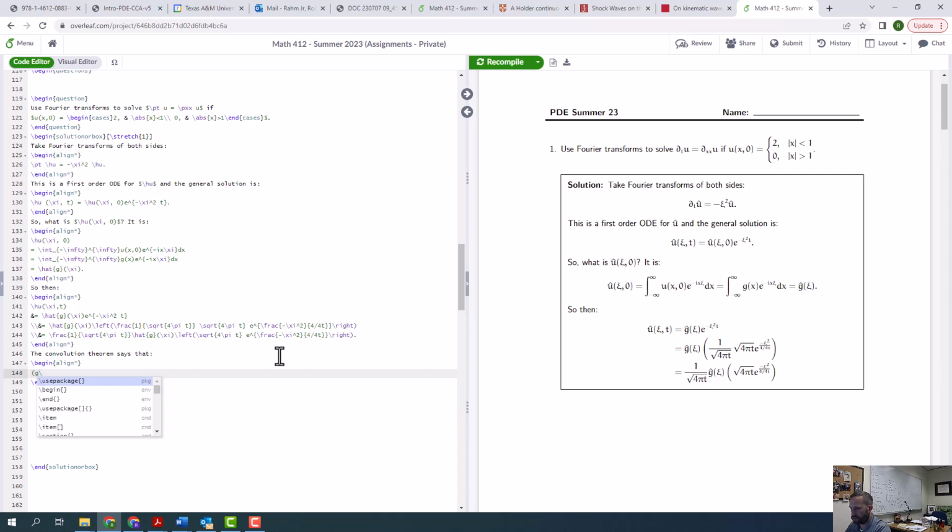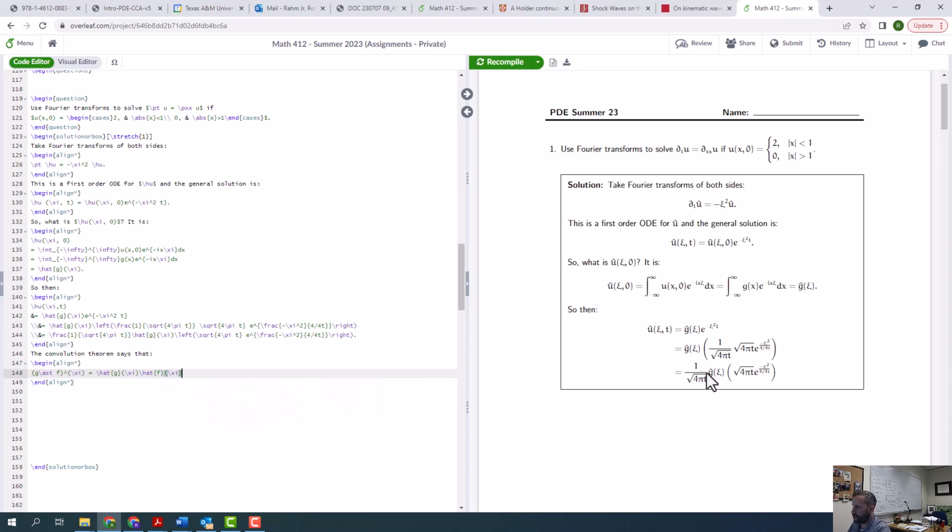No, yeah, this is the right way I want to do it. It doesn't matter. It's the same way either way, right? The Fourier transform of this is just equal to the Fourier transform of G times the Fourier transform of F. And that's exactly the format that I have here.